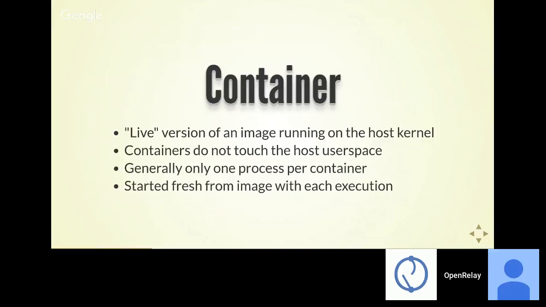A next property of containers is that generally they are started fresh from an image every time they're executed. So if you had a Docker container that you thought might have been compromised or there was something weird going on, if you just kill it and start it from a fresh image, you're back where you started.